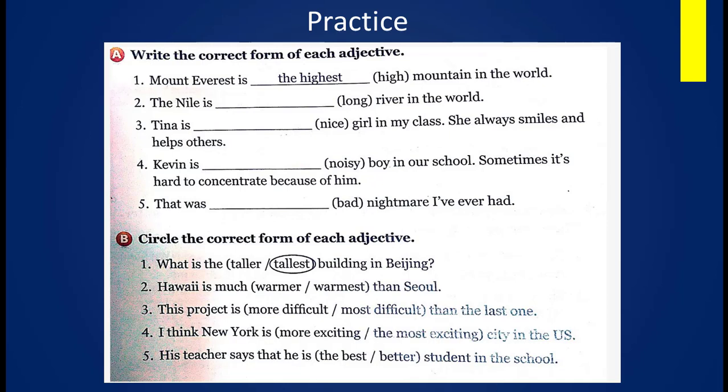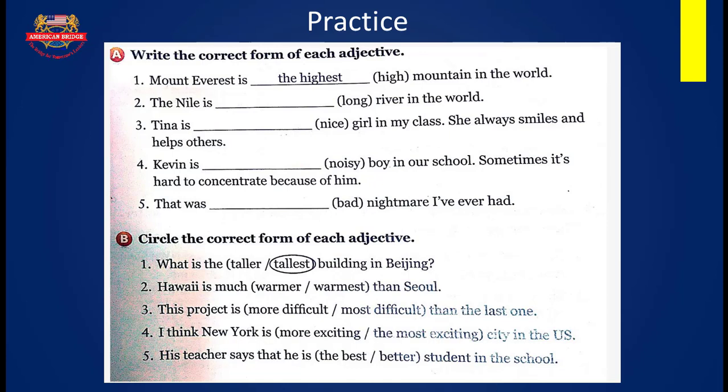She always smiles and helps the others. Number 4, Kevin is the noisiest. For noisy here we change the letter y to iest. And number 5, bad, do we use the baddest? No, number 5 we use the worst.